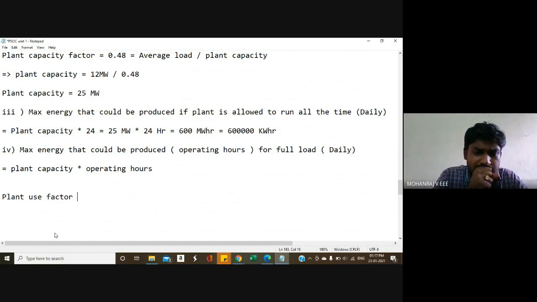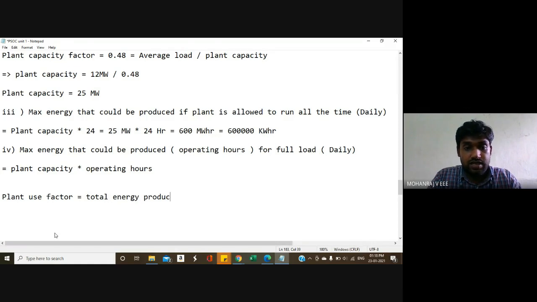So what is plant use factor pertaining to energy? It is equal to total energy produced divided by plant capacity into operating hours.